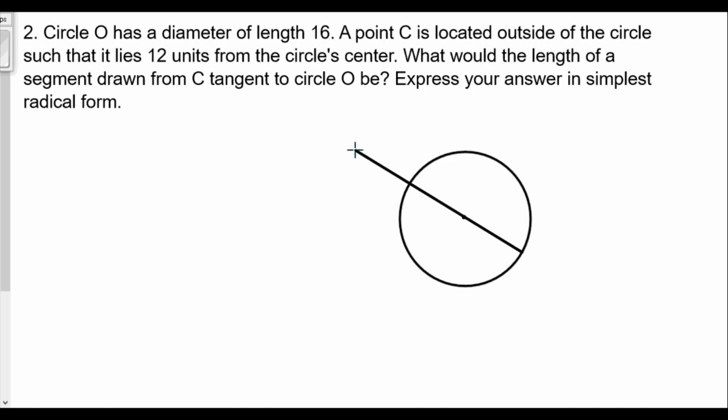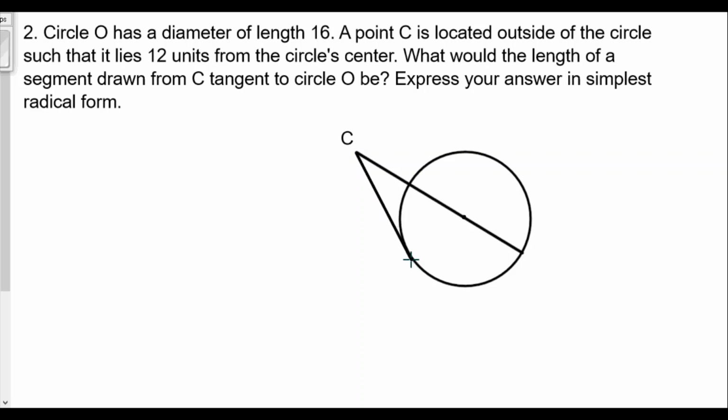And so we're going to be somewhere over here, and this point out here we're going to call point C. Now it says, what would be the length of a segment drawn from C tangent to the circle? So here's a segment drawn from C, and it's going to intersect the circle at one point.